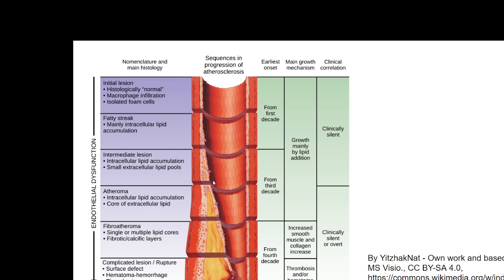In type 3, the patient may start having the clinical symptoms of atherosclerosis, the consequences of both inelasticity and narrowing of the blood vessel. Because of the deposition of fat, the arteries become less elastic, and when they become less elastic, the circulatory pressure increases.